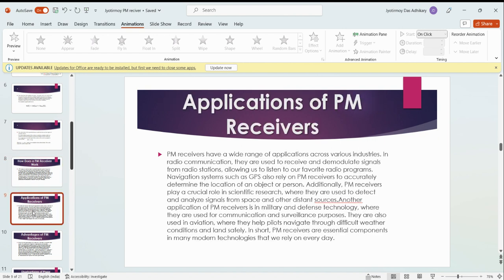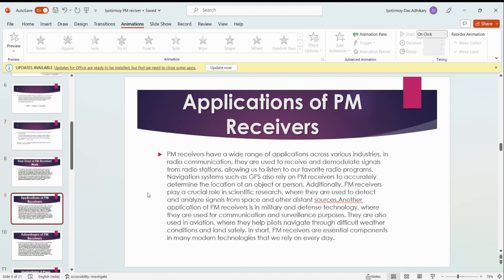Next topic, application of PM receiver. PM receivers have a wide range of applications across various industries, in navigation, industry, and radio communication.